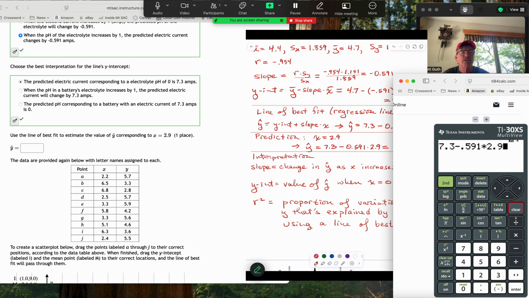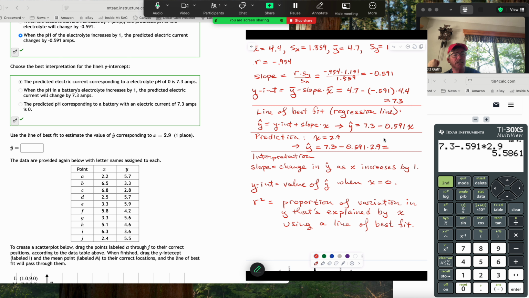Okay. Just double checking. Looks good. So this would be, and they only want one place here. So we're going to call that 5.6. So I'll go ahead and key that in here as a 5.6. Now this is the electric current, so that'll be amps.